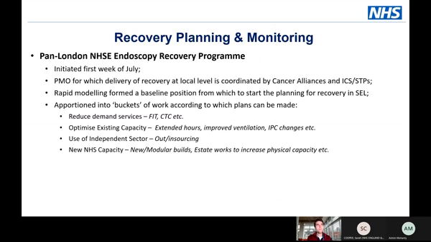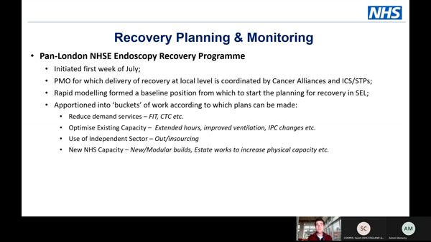A PMO was established, a Program Management Office, which was charged with delivering this recovery program. It was very much coordinated at the regional and local level by cancer alliances and ICSs and STPs and so on. The rapid modeling that I've just gone through was very important in establishing a baseline position from which you can then start planning recovery.